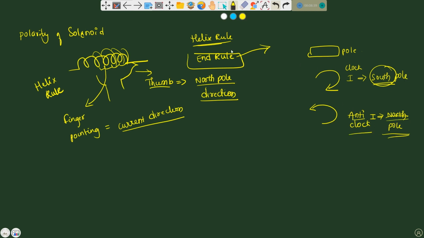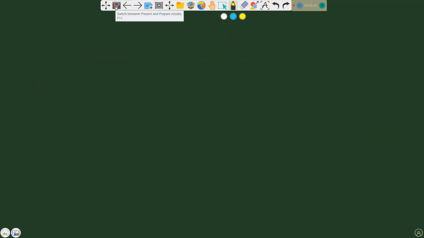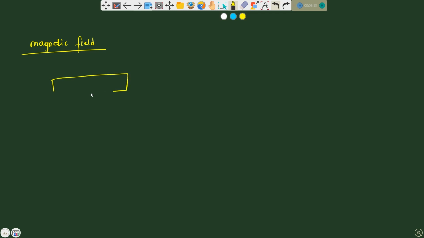This is the end rule. Now we'll discuss some important magnetic terminologies. First we'll see the magnetic field. What is magnetic field? We have a magnet, say this is north and south. The free space around the magnet which is influenced by the magnet can be defined as the magnetic field.